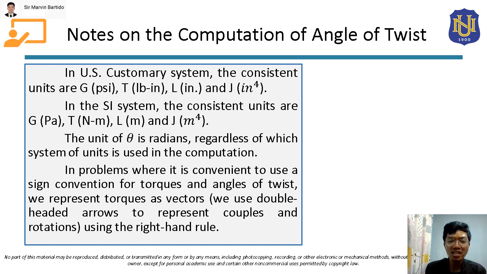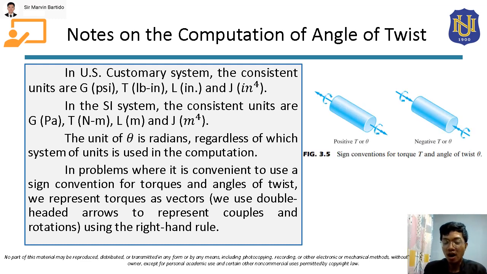Also class, in problems where it is convenient to use a sign convention for torques and angles of twist, we represent torques as vectors. We use double-headed arrows to represent couples and rotations using the right-hand rule. As you can see here, for this cross-section, the torque acting here is this torque.